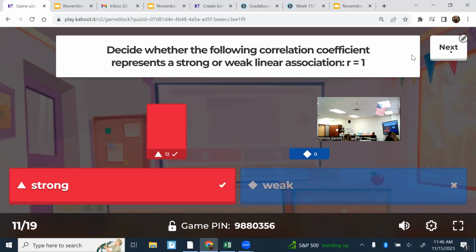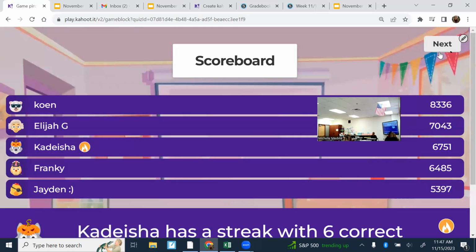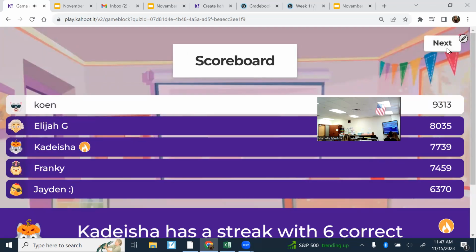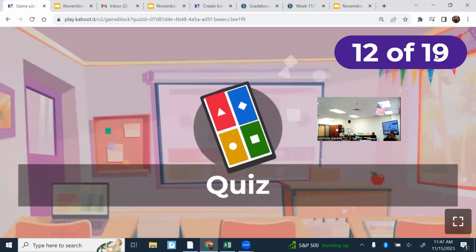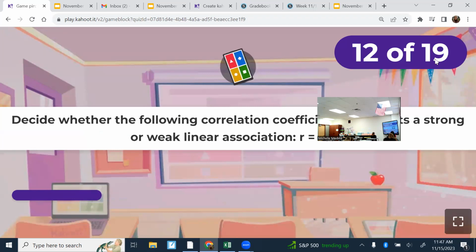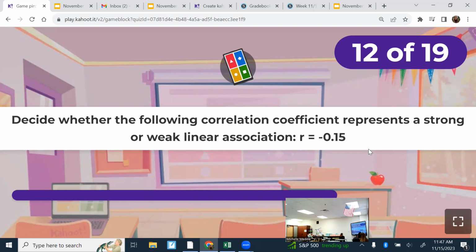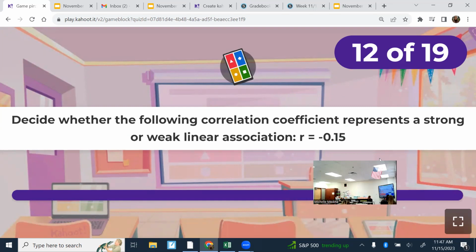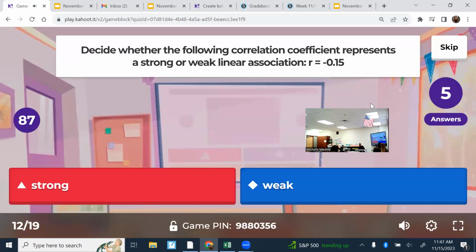That's the strongest it can be. Well, I guess -1 is also equally as strong, but yeah. When it's 1 exactly, that means all the points would be on the line of best fit going through the middle, not the edge of a point. Okay. Decide whether the following correlation coefficient represents a strong or weak linear association. -0.15.